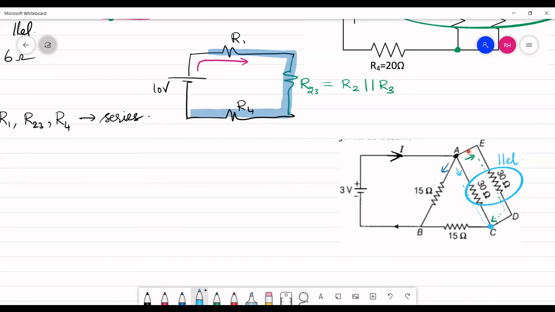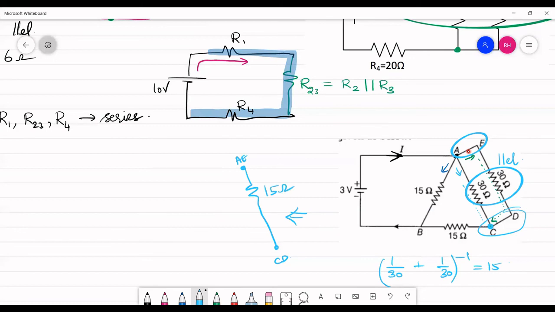Now let me reduce. The parallel combination is between AE and CD, so I write it as AE and CD. The parallel combination, 1 by 30 plus 1 by 30, the whole inverse is 15, if I'm not wrong.